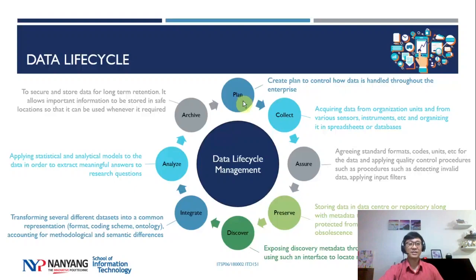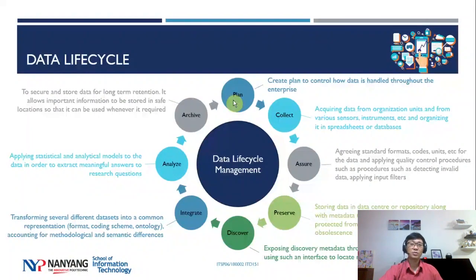Oh, I was looking at this data lifecycle. So it starts off with planning, right? We're going to plan what data we need to collect, what we want first.